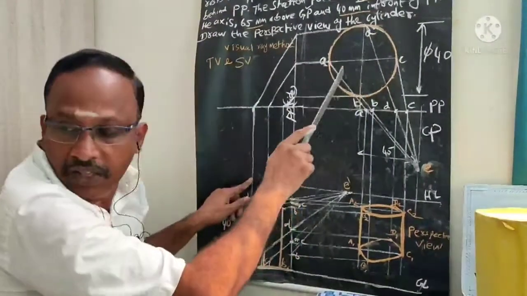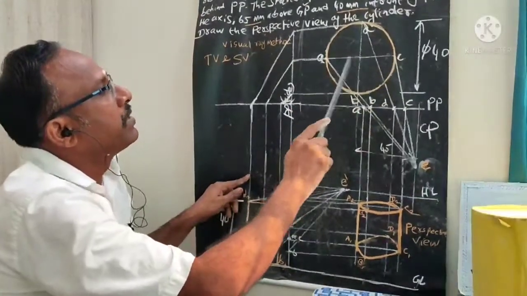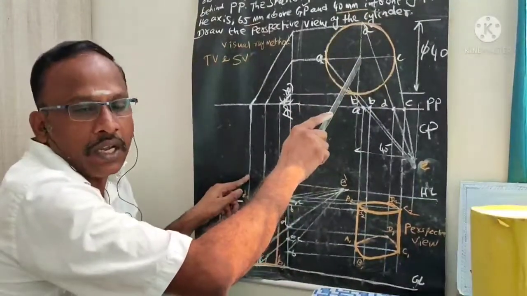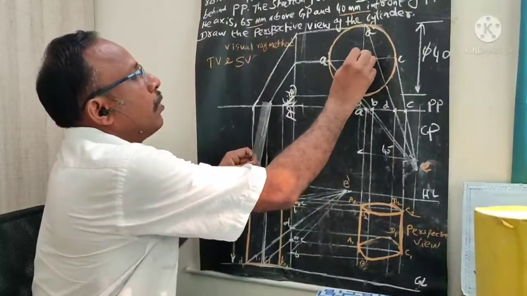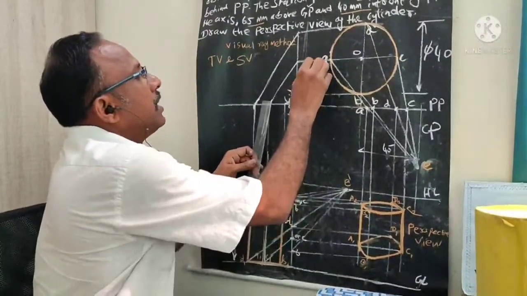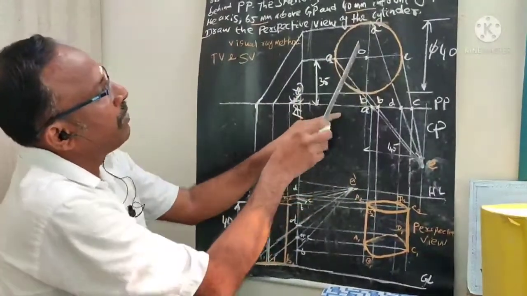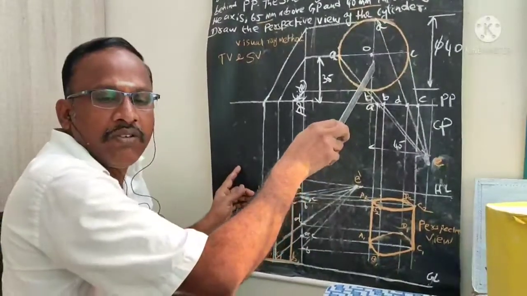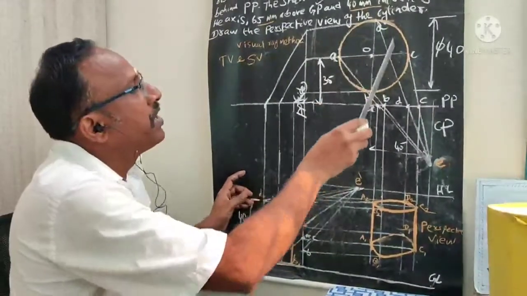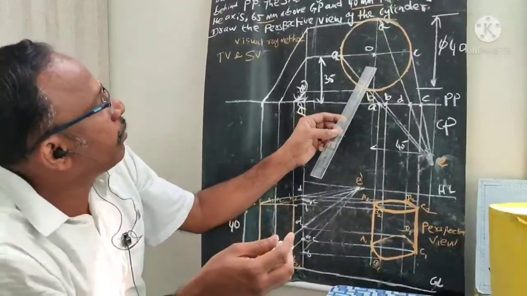Then you start with the top view of the cylinder, taking 20 mm as radius, and draw this circle. The center point O is 35 mm behind PP. So I will mark this point, then divide this circle into 4. If you want, you can divide into 8 or 12. I divided only into 4 points.